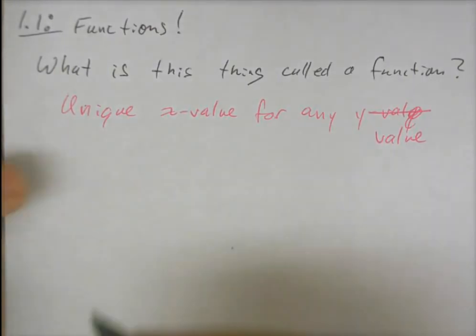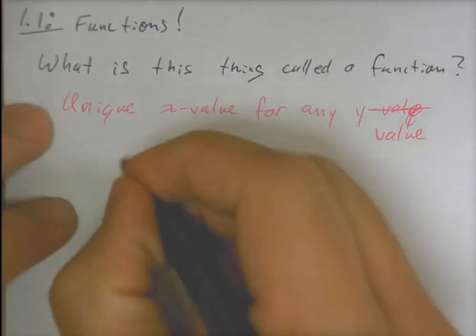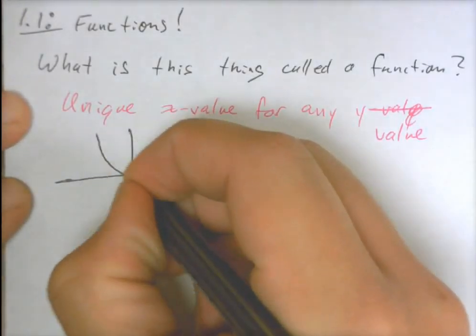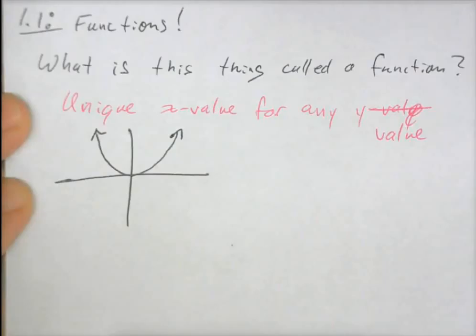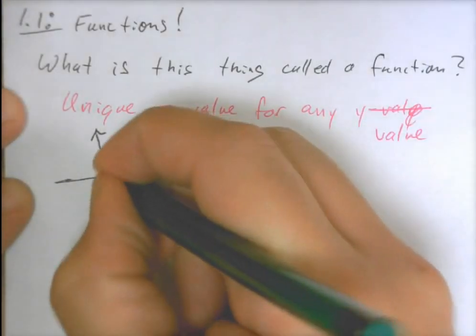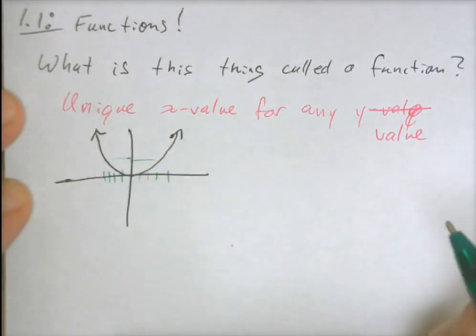So pretty much all that is talking about is if you have a graph, let's draw a graph. Say we have a parabola. Pretty much for any x value that I can pick, I only have one y value that matches that x value.